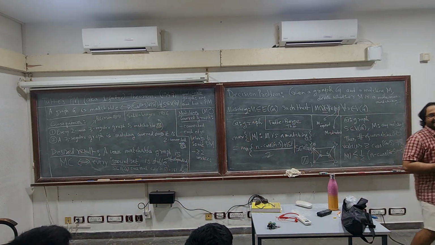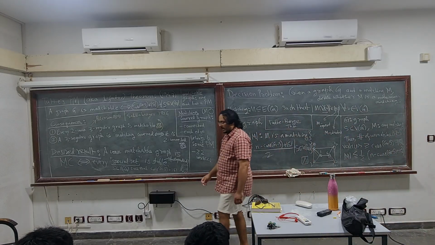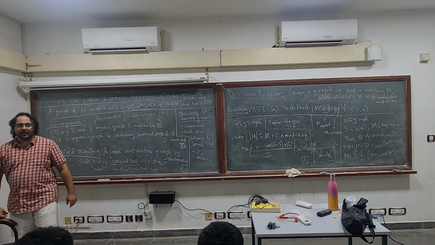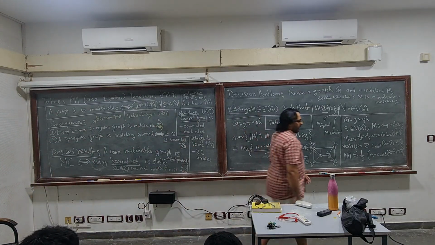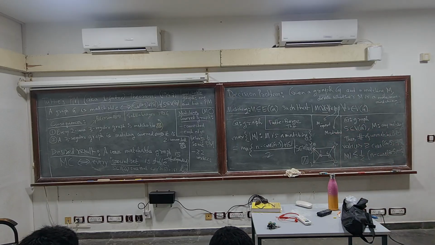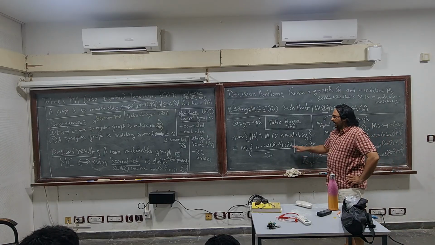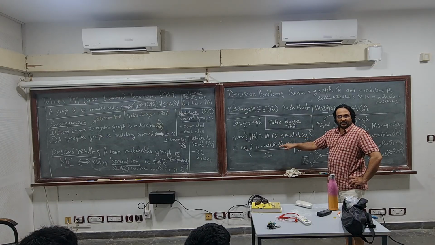So this is the theorem. For any graph, if you maximize the left hand side and minimize the right hand side, you have equality. Now we will say that the sets that attain equality, we will call them barriers.